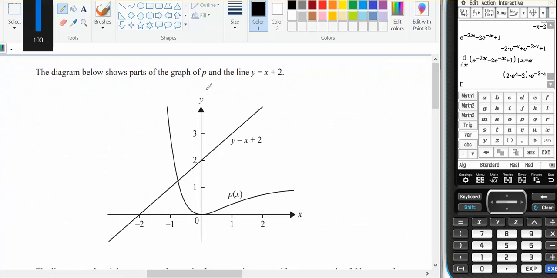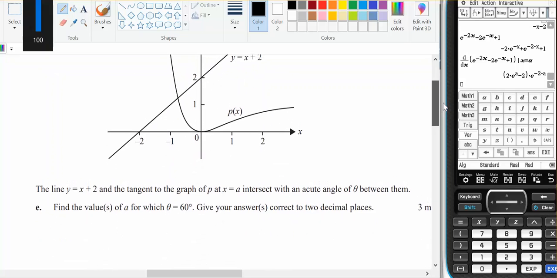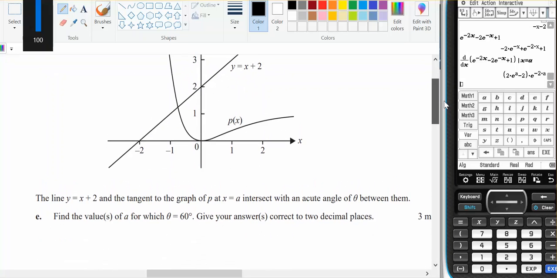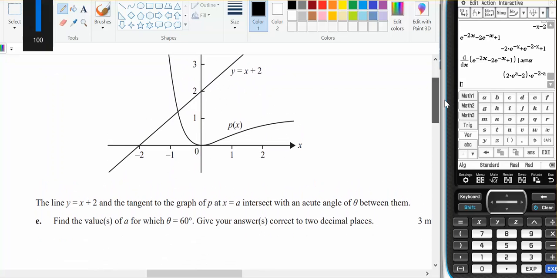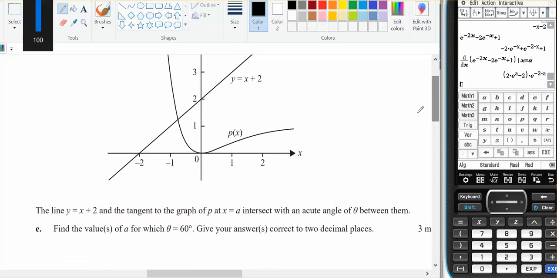The diagram below shows part of the graph of P and the line y equals x plus 2. That's the line we had before, and this is P. The line of the tangent at P, so if I've got a tangent, that's when x equals a.